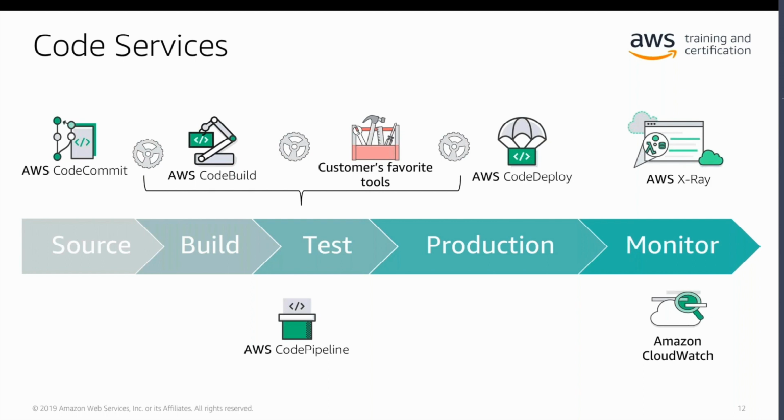And for monitoring all of this, we can do tools like X-Ray and CloudWatch. So we can use X-Ray to kind of trace the different path that your code is taking as it's talking to various AWS services, see what service it's talking to, how long it took, what was the result of that, kind of monitoring that through X-Ray.